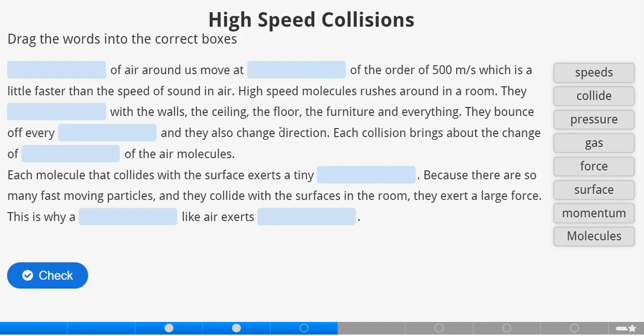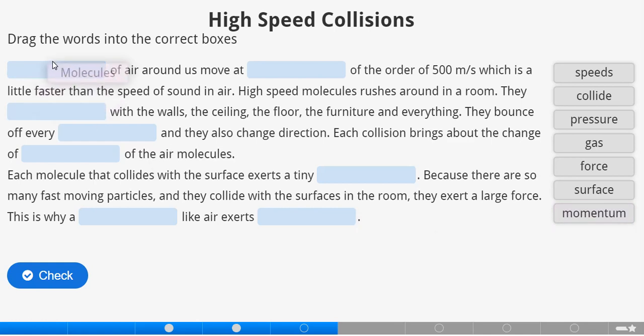So let's check. That's correct. High-speed collisions. We are to use the following activity to answer this particular question. We are to drag the words also into the correct boxes. Let's start.